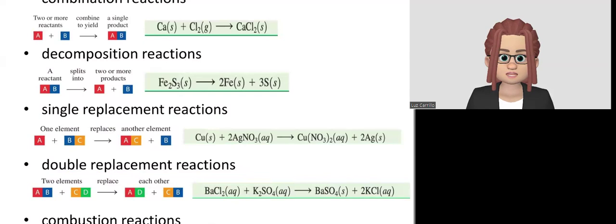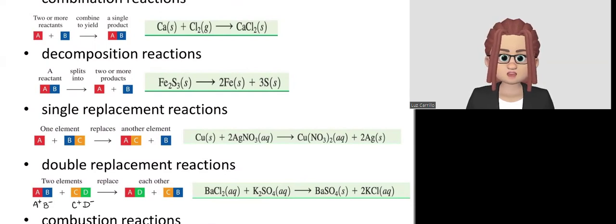Since it's understood that in a double replacement reaction, the two different components, AB and CD, are going to be ionic compounds, we can break them into ions, where A represents a cation, B represents an anion, C represents a cation, D represents an anion.